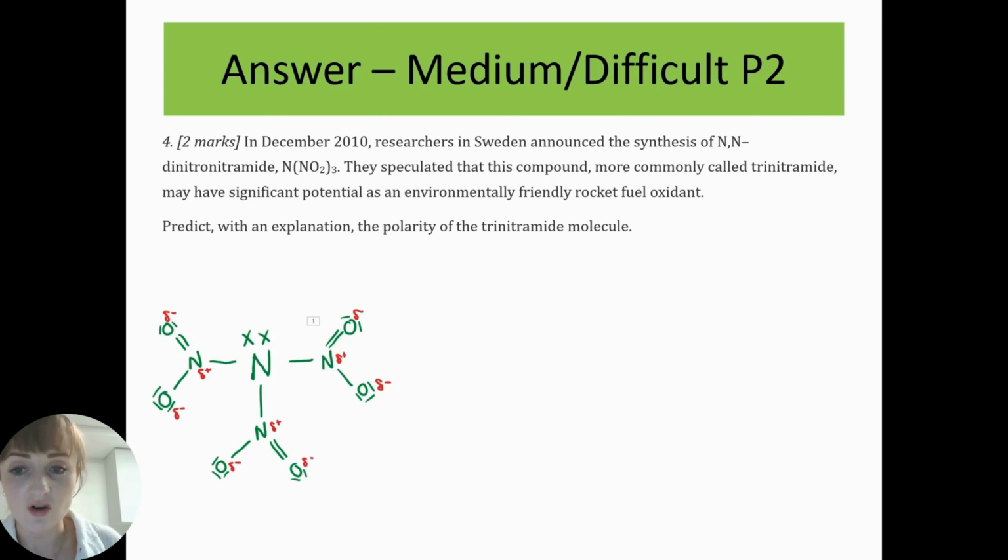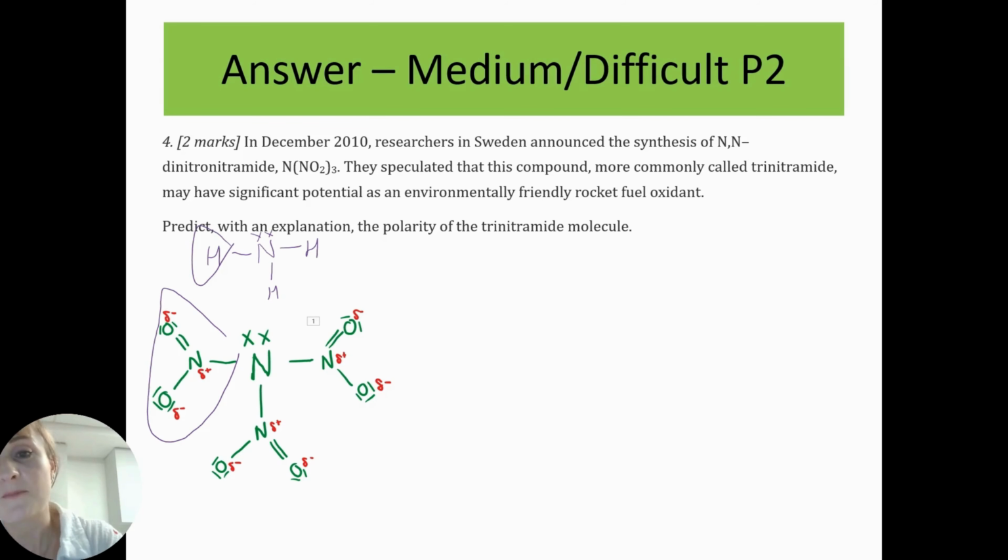However, its basic structure is not that dissimilar to other molecules which we've seen. If nitrogen was joined to hydrogens and had the lone pairs, as we saw with ammonia earlier, we would have no problem identifying the polarity of this. This trinitroamide molecule is exactly the same as the ammonia, except the nitro groups replace the hydrogens.